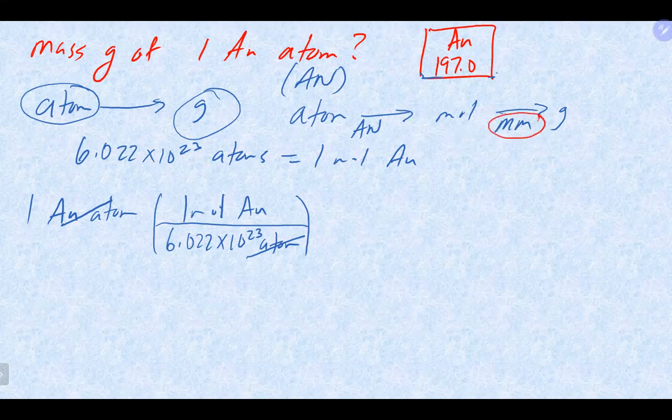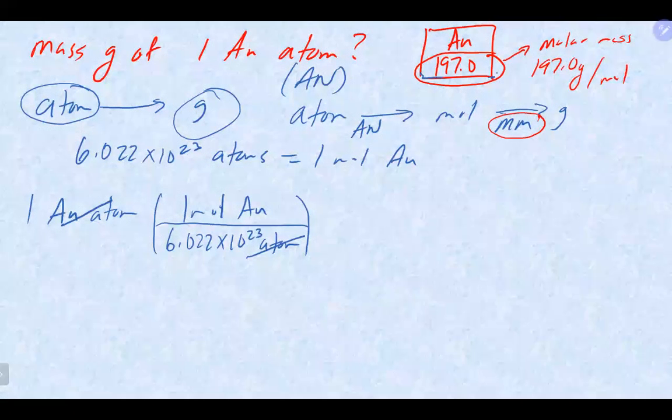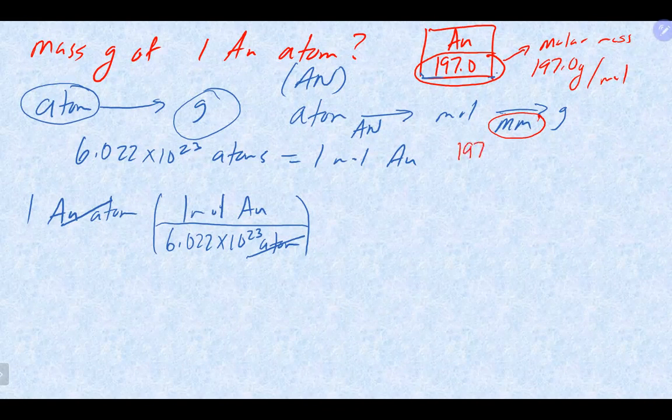That's going to be the molar mass. I could get the molar mass from the periodic table here, and that would tell me that there is 197 grams per mole. So once again, the 197 is how many grams there are in 1 mole of gold. Once again, we can use that as a conversion factor as well: 197 grams over a mole, or a mole is 197 grams.